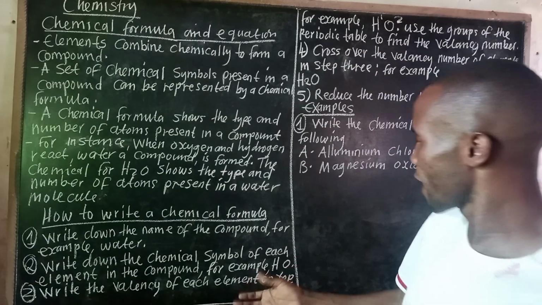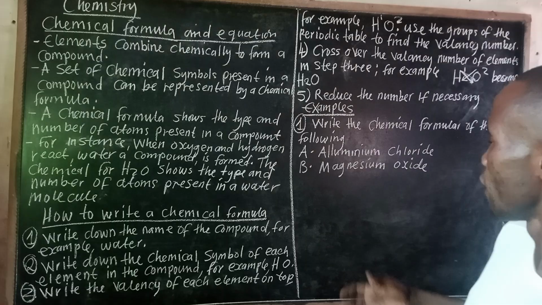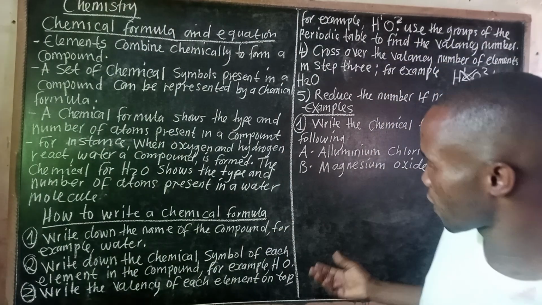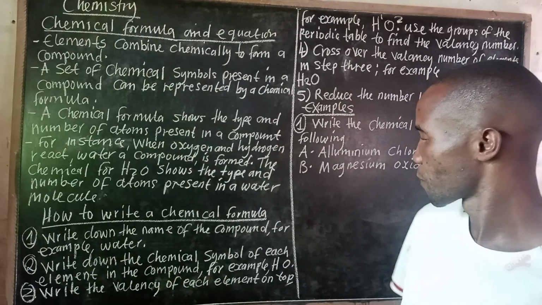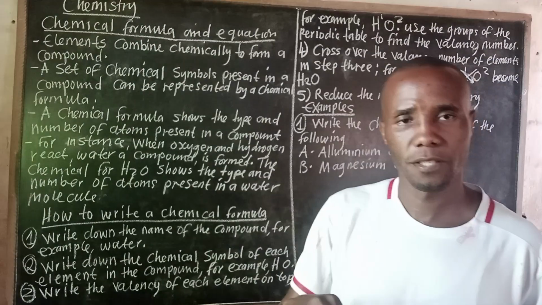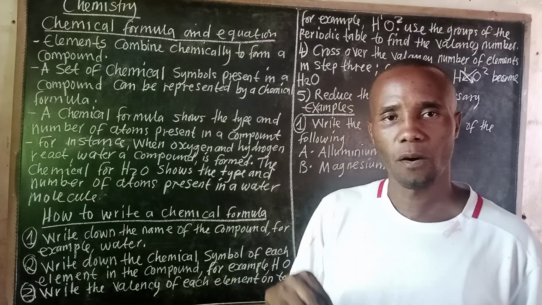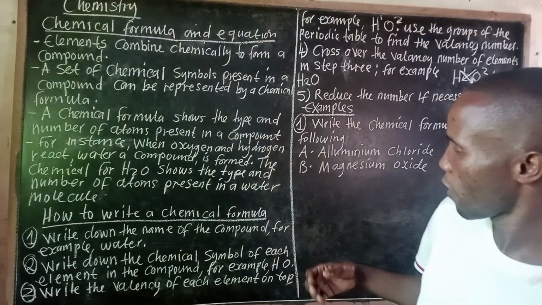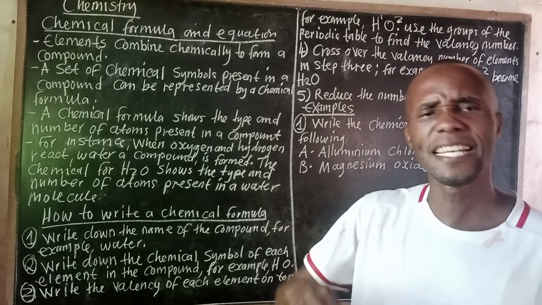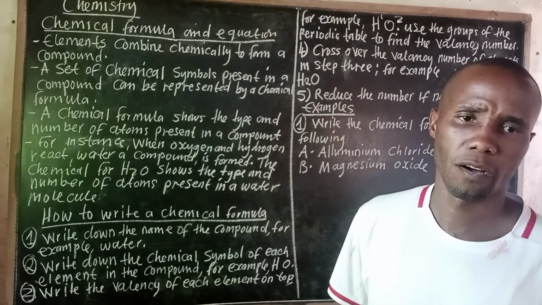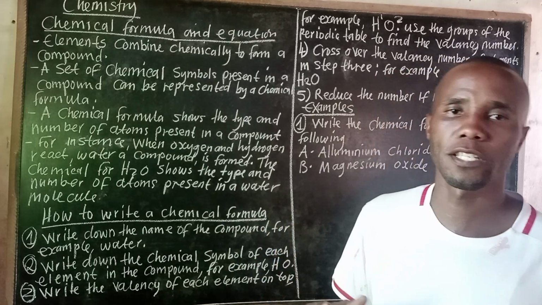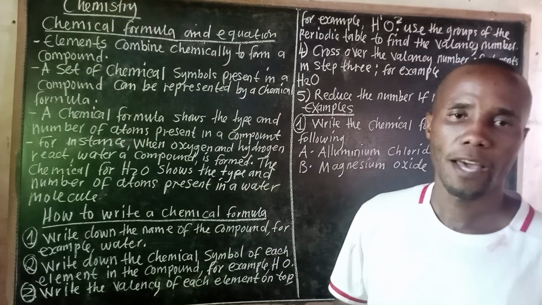Then 3, write the valence of each element on top. So what is the valence? Because here they are saying we have to write the valence. So valence, this is just the electrons that are found in the outermost shell of those shell energies, because each element has got their shell energy.